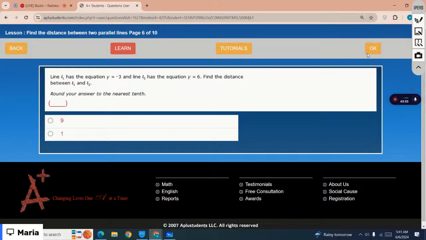Line L1 has the equation y equals -3 and line L2 has the equation y equals 6. Find the distance between L1 and L2. So which is the correct option?